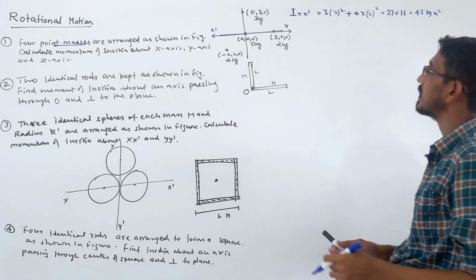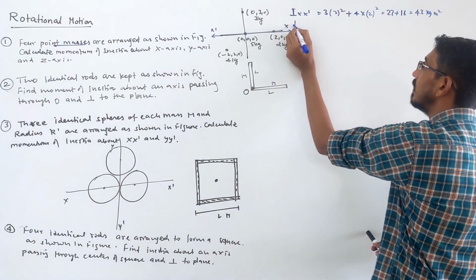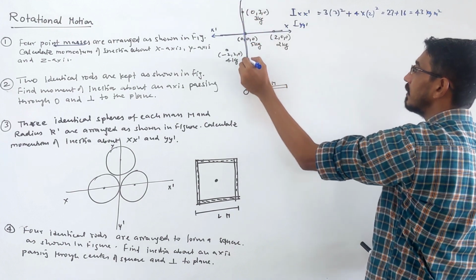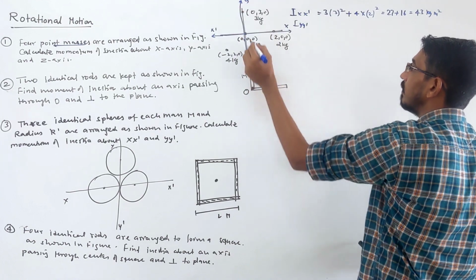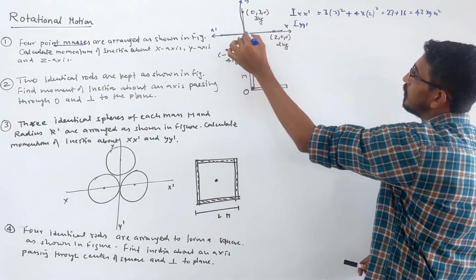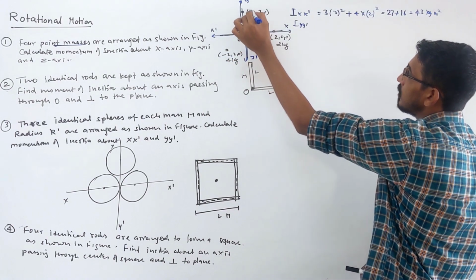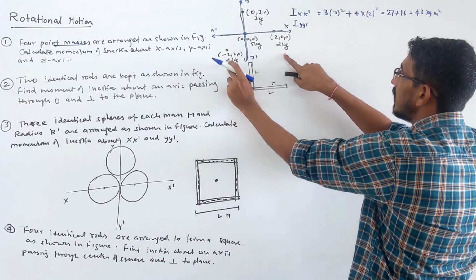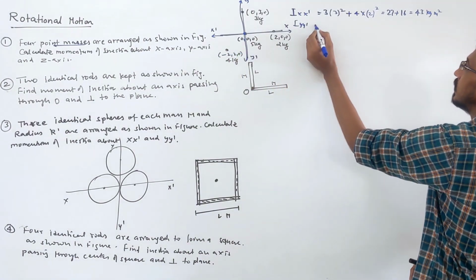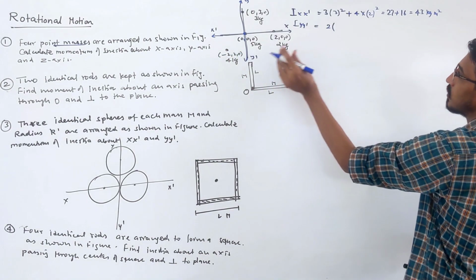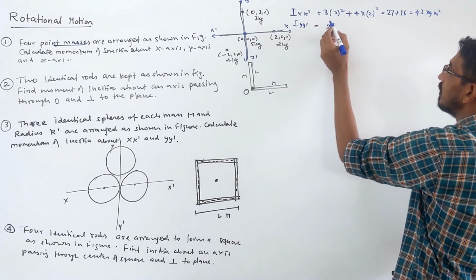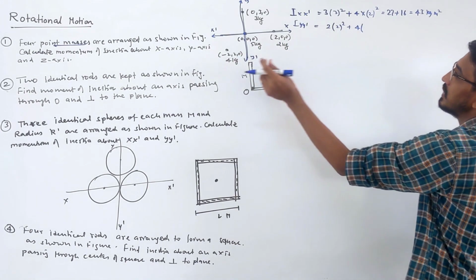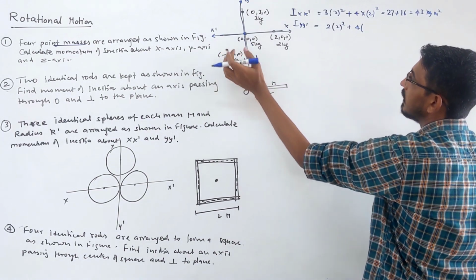Okay, let's find about the y-axis. About the y-axis, let's call it Iy, means about this line you want to find. Again the inertia due to this mass and that mass becomes 0 because they are placed on the y-axis itself. These two masses remain, 2 kg and 4 kg. So 2 kg into r square, that distance is 2 meter, so into 2 square, then 4 kg, and that distance is minus 2.